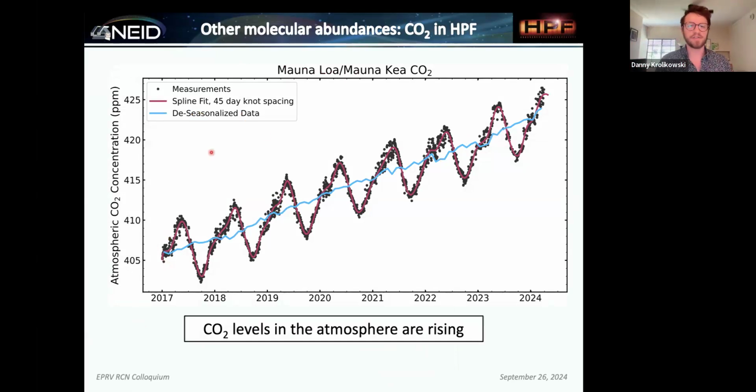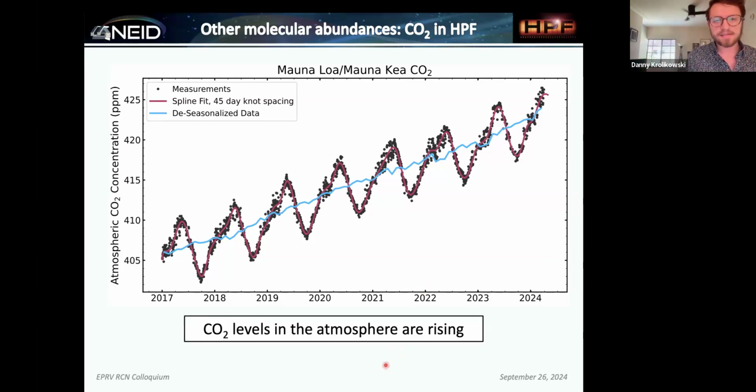These are observations from Mauna Loa and Mauna Kea of the atmospheric carbon dioxide concentration from about when HPF started observing onwards. And you can see a steady increase over time. So for an observation in 2018 and an observation in 2024, there are relatively small differences, but you would see a difference in the carbon dioxide absorption. And so we need to account for that.